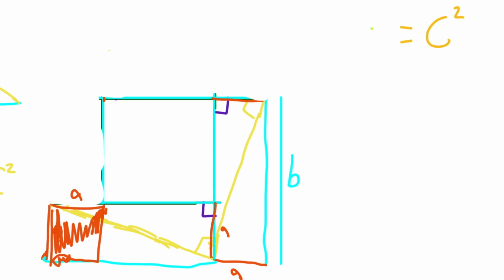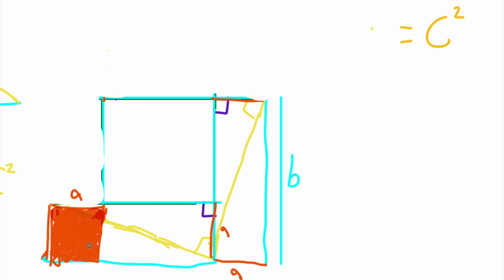Now, filling this in might take a while, so I'm going to use a bigger brush. Yeah, that's better. Okay, so that's A. Now what's the area of that? Well, that's pretty easy. That's A squared, right?